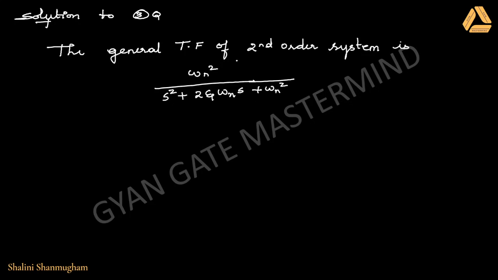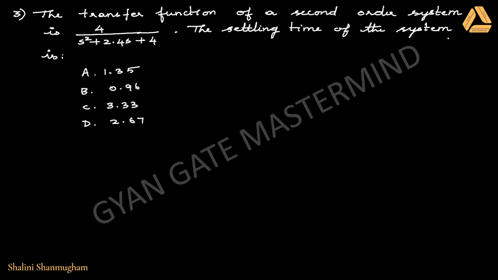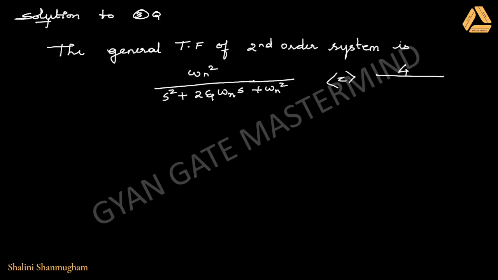So by comparing this with the given transfer function, 4 by s square plus 2.4s plus 4, we can easily compare and write omega n square as 4 and omega n is 2 radian per second.